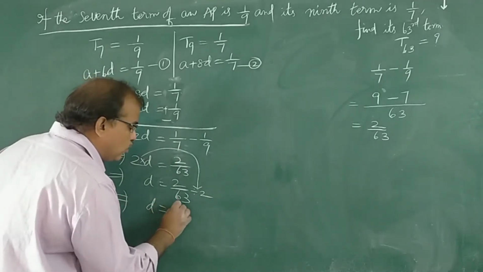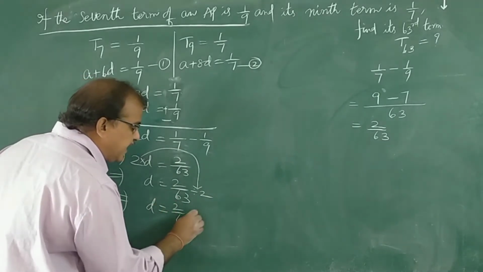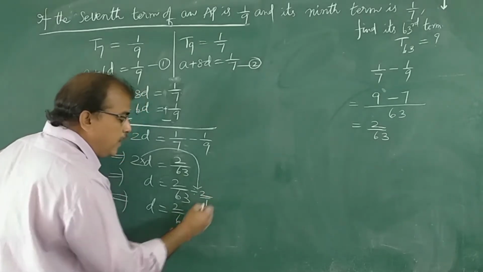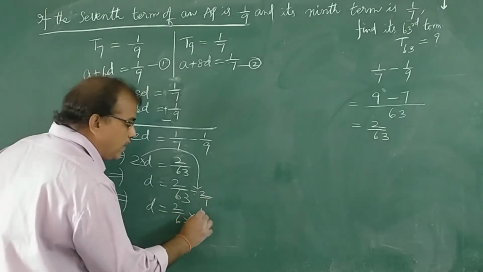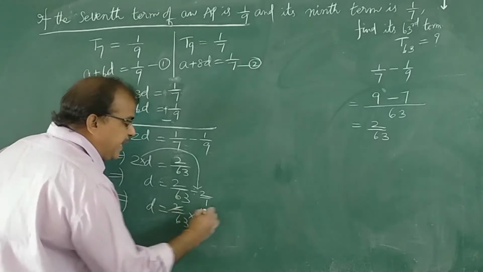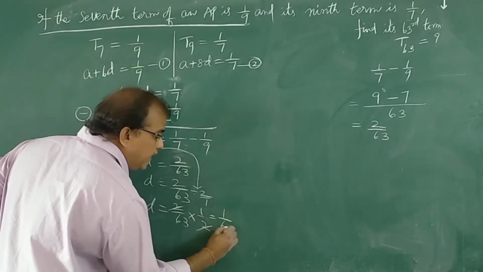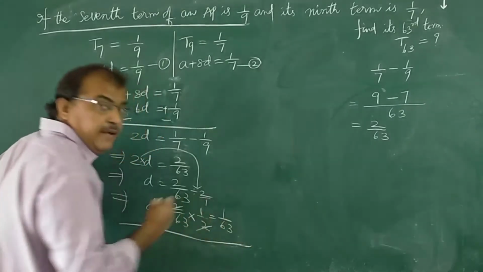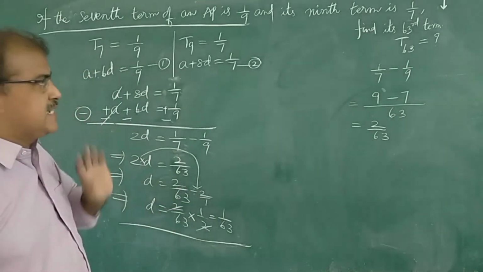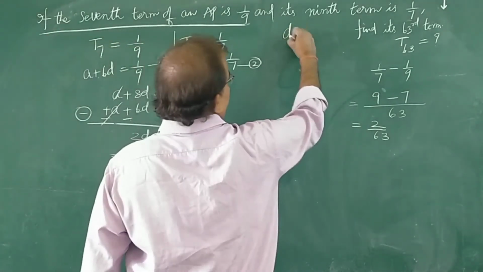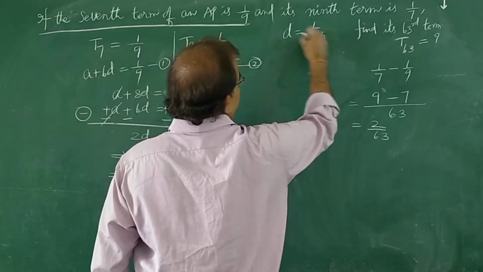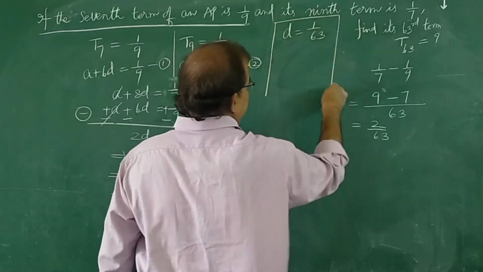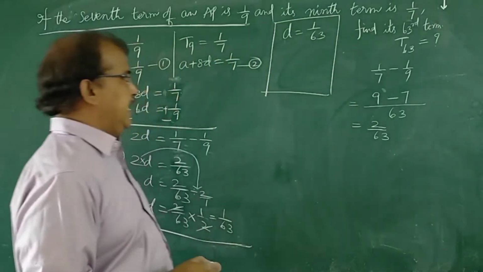So D is equal to 2 by 63 into the reciprocal of 2 by 1, that is 1 by 2. 2 and 2 will be cancelled. The D value will be 1 by 63. First I got the D value: 1 by 63.